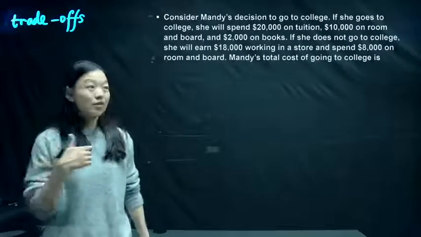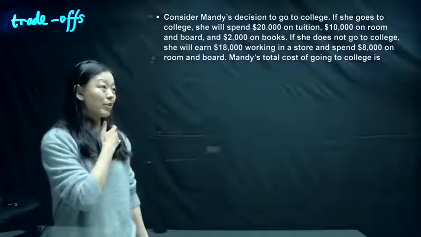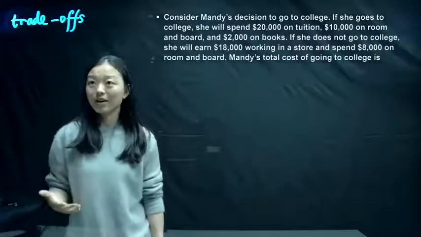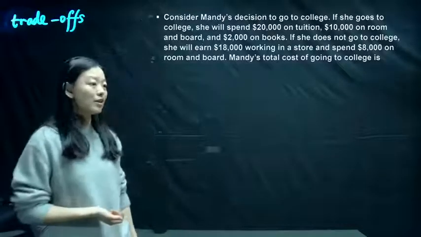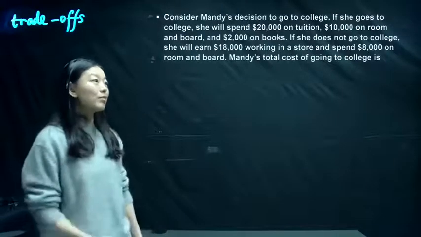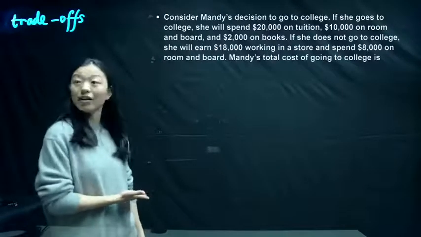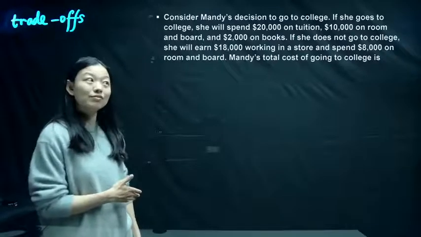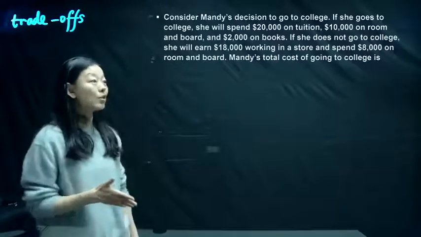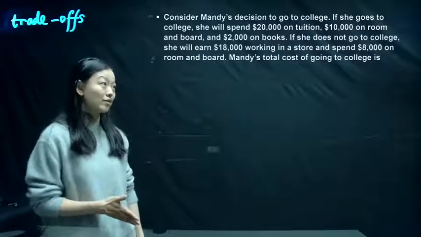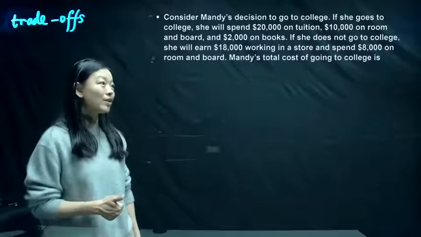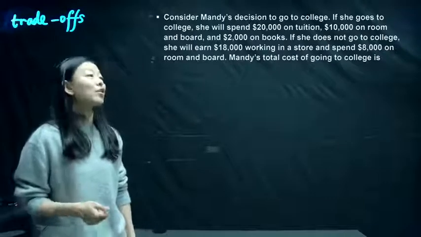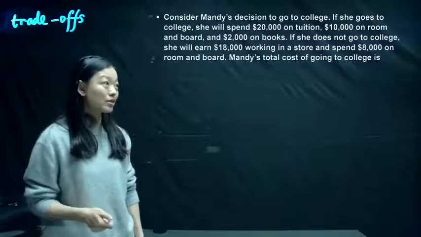So let us do an example to have more understanding about opportunity cost. Consider Mandy's decision to go to college, okay? If she goes to college, she will spend $20,000 on tuition, $10,000 on room and board, and $2,000 on books.